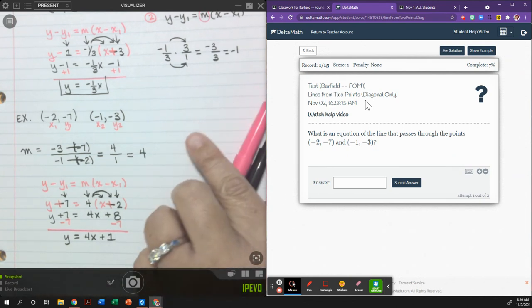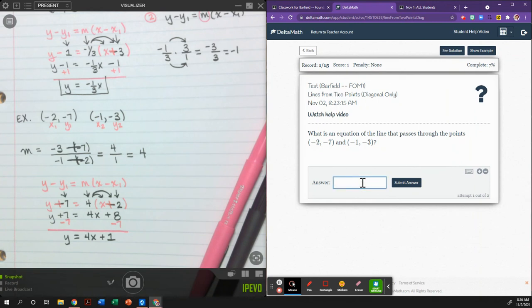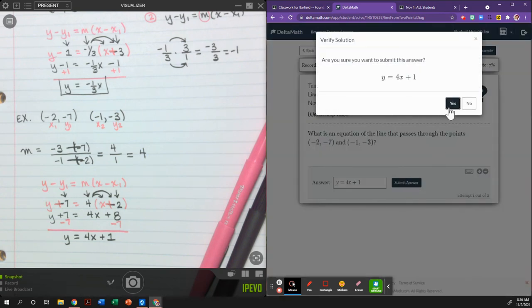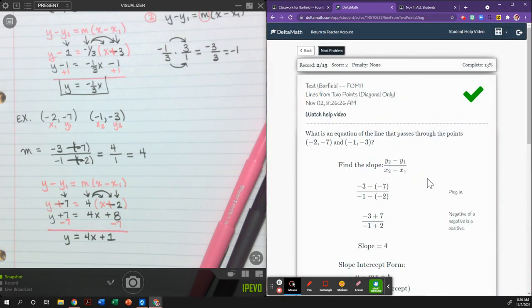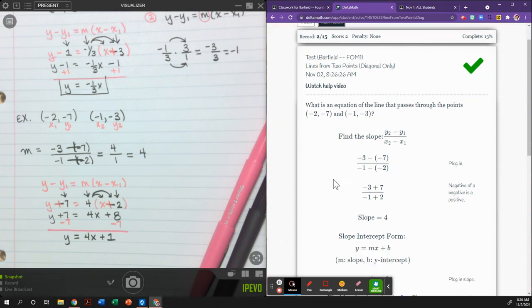So I go over here to Delta Math. y equals 4x plus 1. Submit my answer, and I got my green check. Now you can see here in Delta Math that the first step is the same. So even though I do the second step differently, the first step is the same.